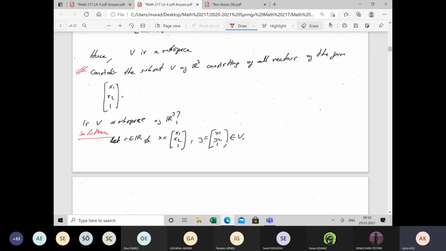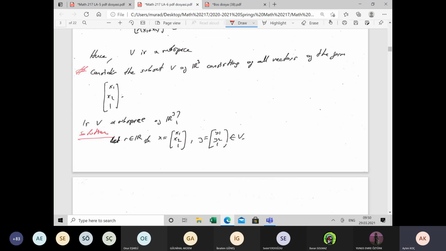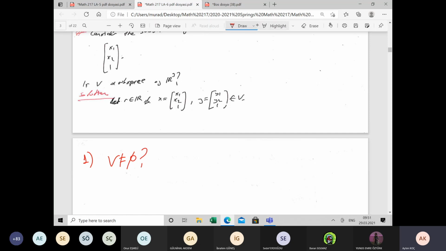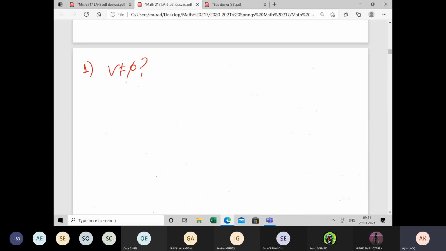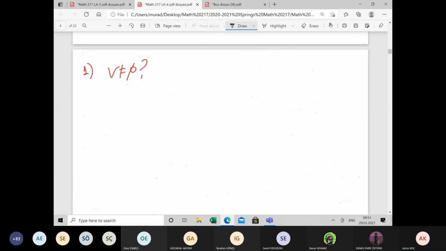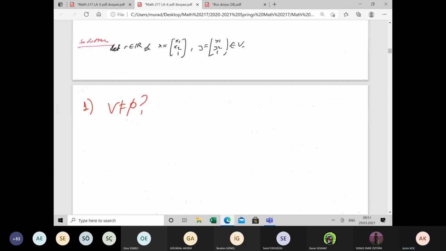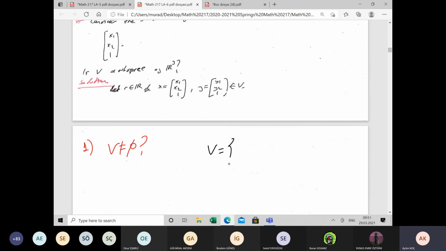So is this an empty set or not? First condition: our aim is to show whether V is a non-empty set or not. First write the form of the set.